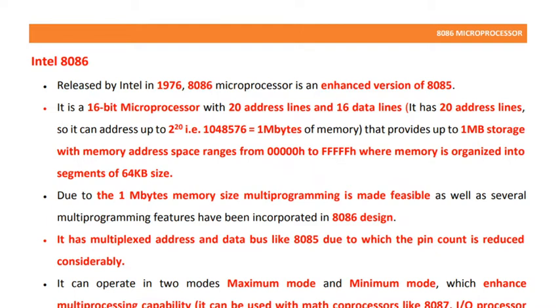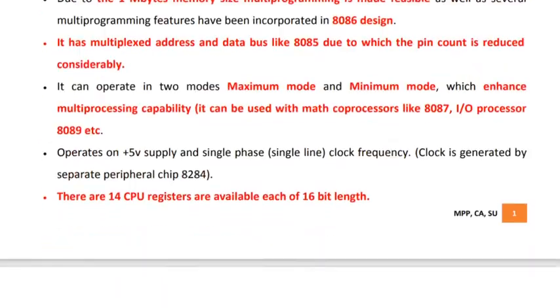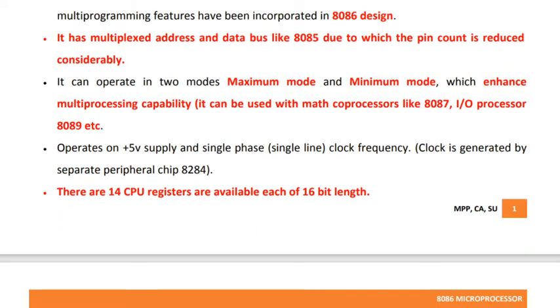One of the notable features of Intel 8086 microprocessor is that it operates in two different modes, namely multiprocessor mode and uniprocessor mode. Multiprocessor mode is also referred to as maximum mode, whereas uniprocessor mode is also referred to as minimum mode.